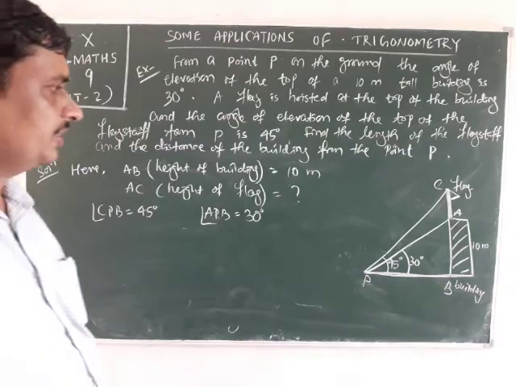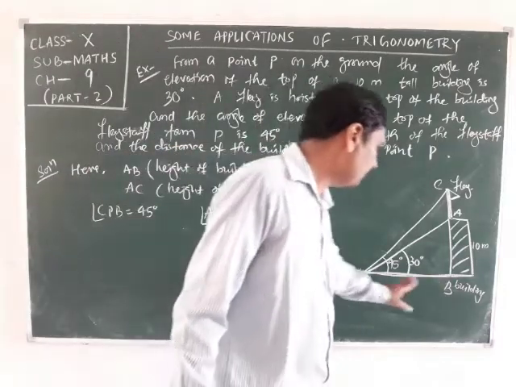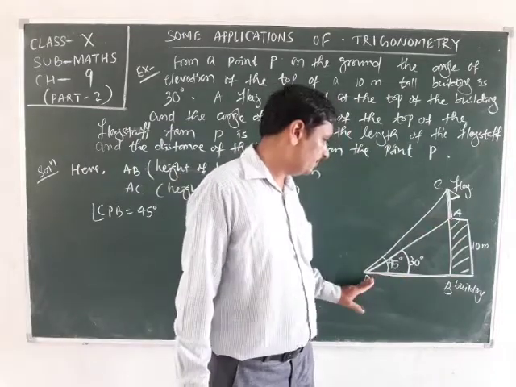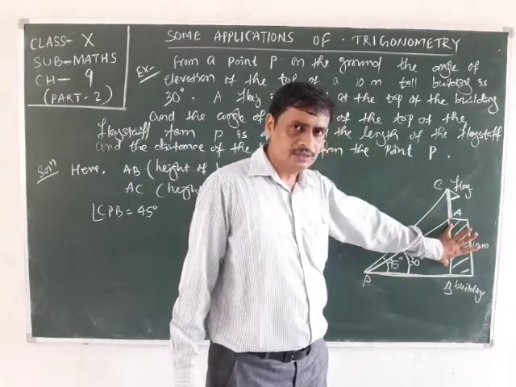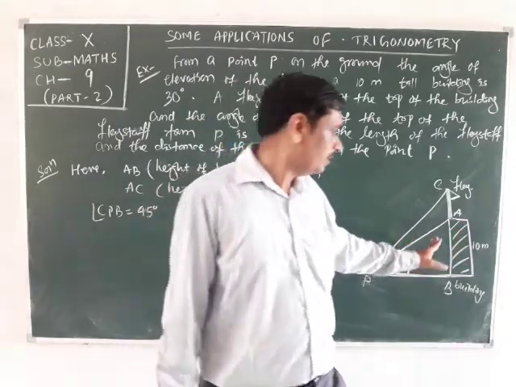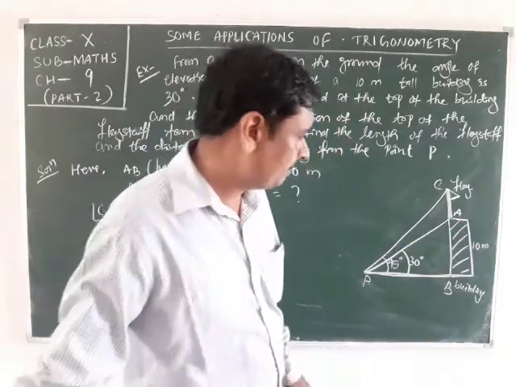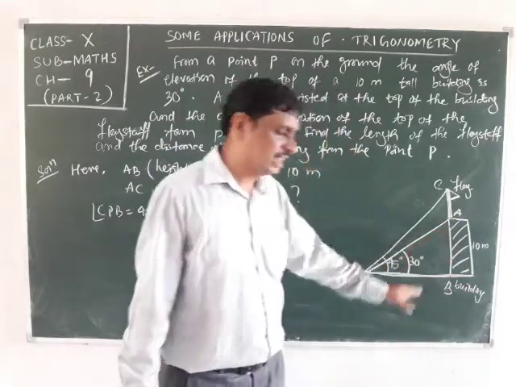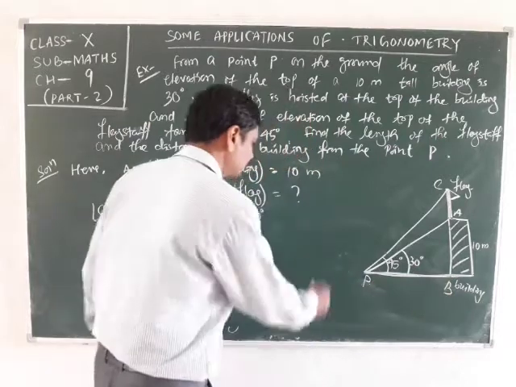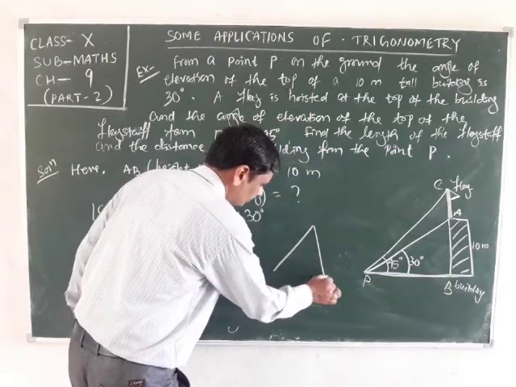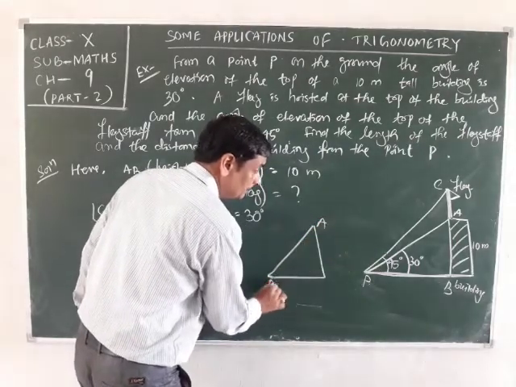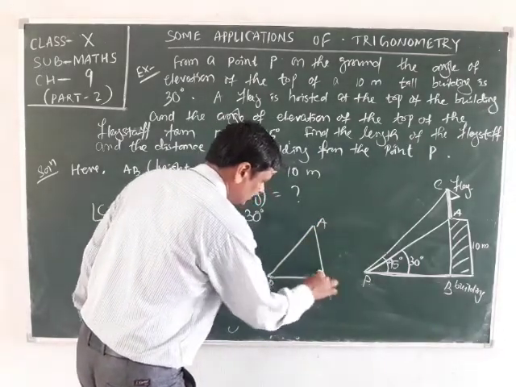How can we find this BP first? If we take the triangle ABP, then one side and one angle are given there, that is 30 degrees. So by using the trigonometric ratios, we can find the adjacent side. It looks like this: A, P, B. This one is 90 degrees.